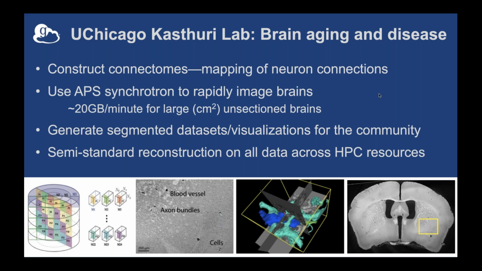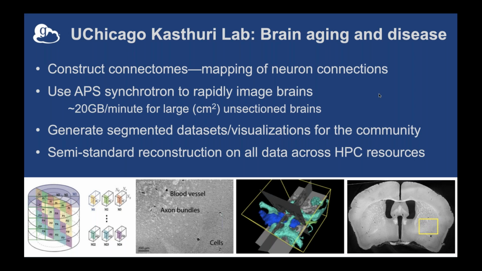He's working more on millimeter cubed at the moment, working with millimeter or centimeter squared sections of these brains. Synchrotron can be used to image these at up to 20 gigabytes per second. The goal is to be able to segment these and generate visualizations for the community.